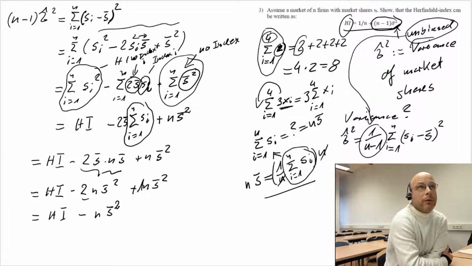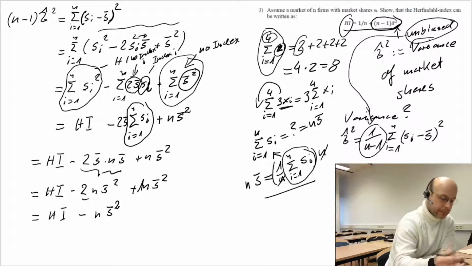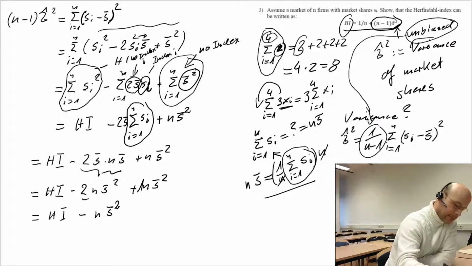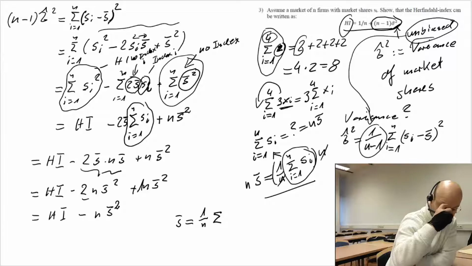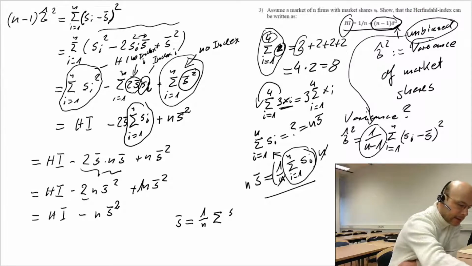Now we have only to think about what is s bar squared. So we have s bar is 1 over n sum of xi.